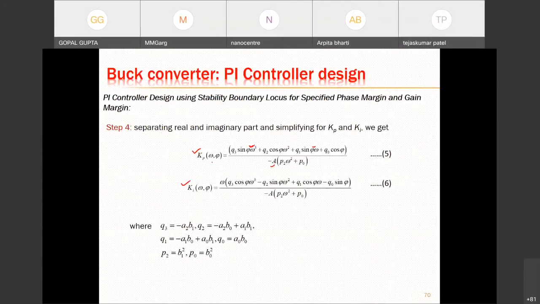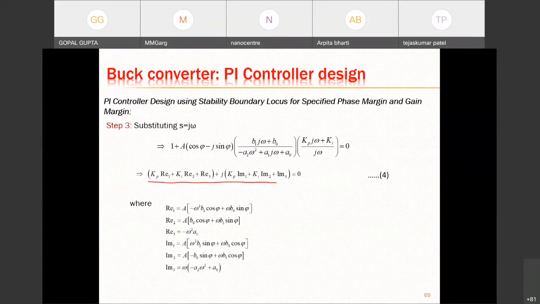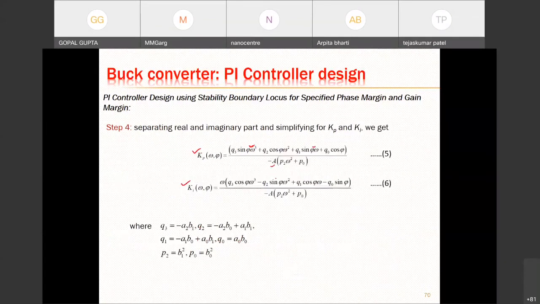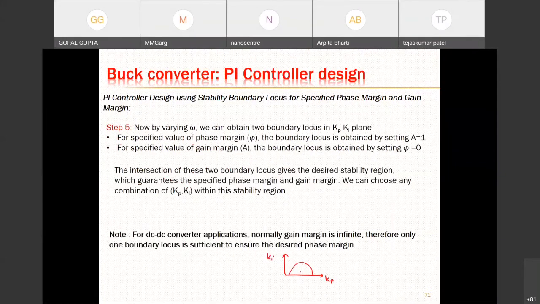The only thing unknown here is omega, right? So what I do now is vary omega, and I take Kp and Ki like that. If I vary the value of omega, I'll get the value of Kp and Ki for each omega.